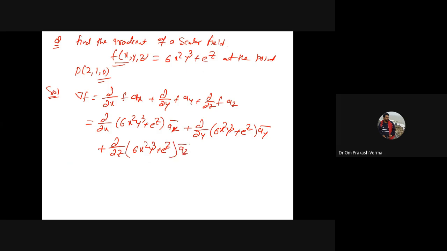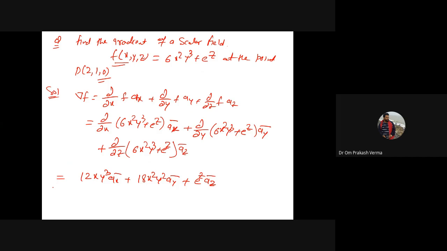Based on this you can solve it. So it will come 12x y z cube ax vector plus 18x square y square ay vector plus e to the power z az vector, right?